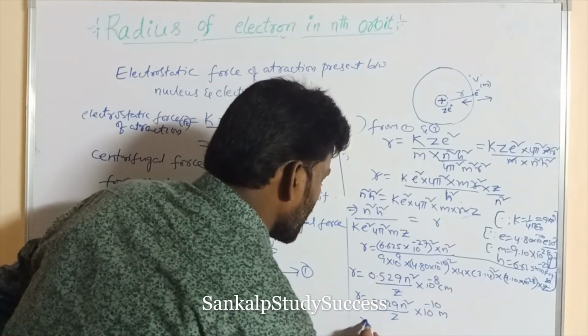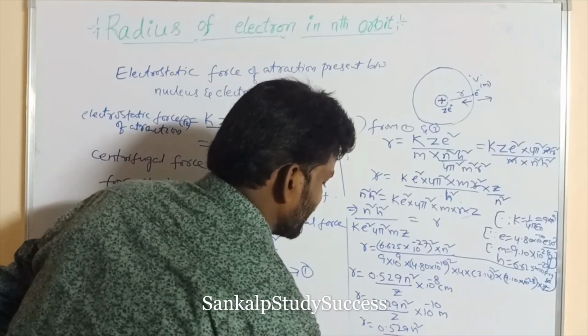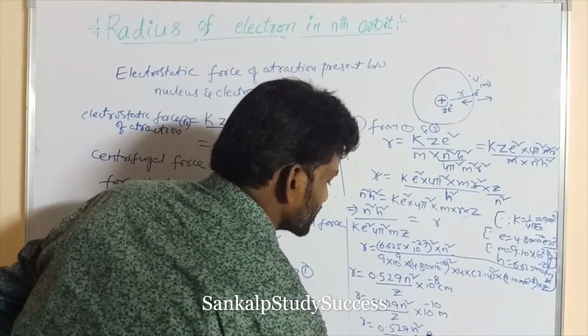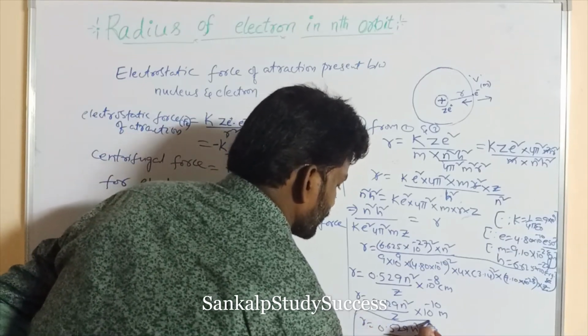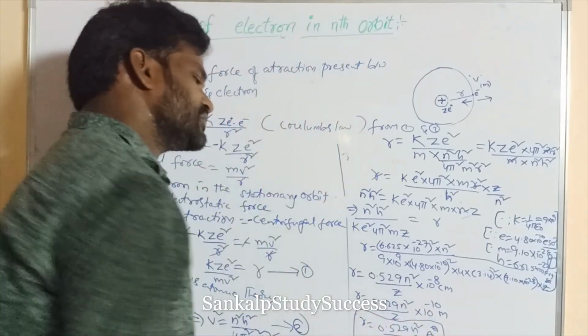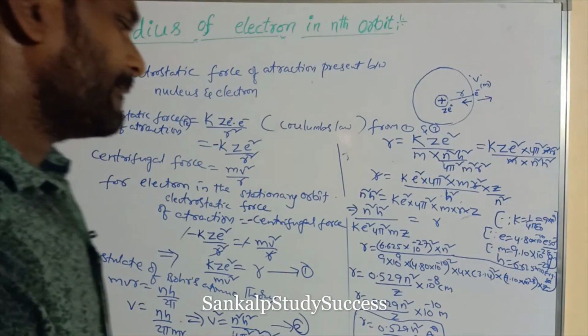So R is equal to 0.529 n square by Z angstrom. So we know that 1 angstrom is equal to 10 to the power of minus 8 centimeter or 10 to the power of minus 10 meter.